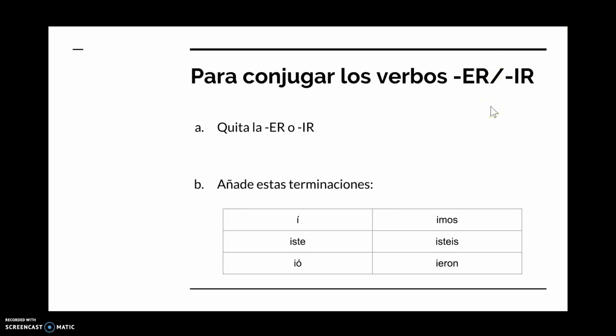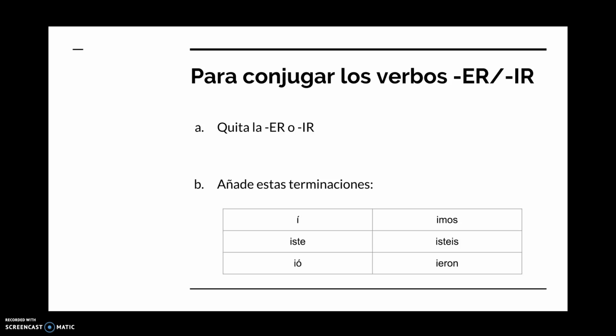Vamos a hablar de las conjugaciones de los verbos ER e IR en el pretérito. First step, quita la ER o IR. Get rid of the ER or IR. Second step, once again, añade estas terminaciones. Add these endings. í, iste, ió, imos, isteis, ieron.